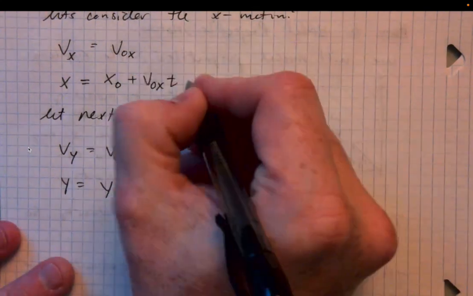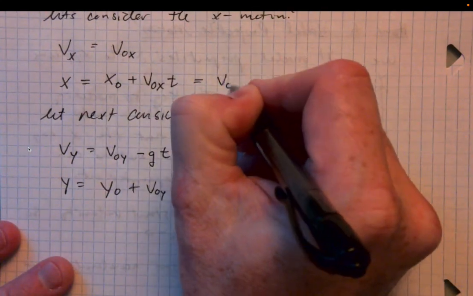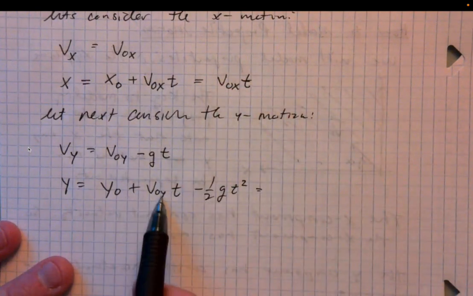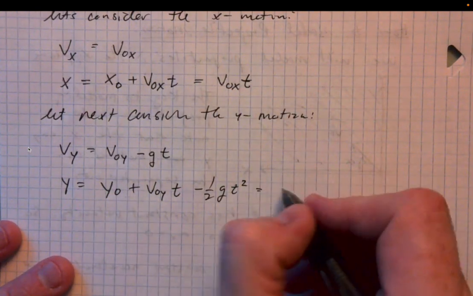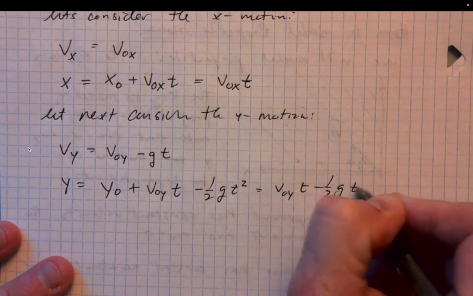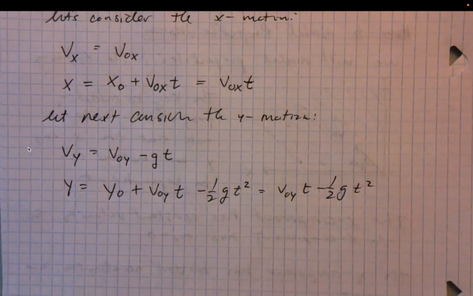And so typically this can be rewritten as v naught x times t, and we can ignore the y naught term here as well, and this would be v naught y t minus 1/2 gt squared. So that's usually what the situation will be. Now, of course, if you have to think of it differently, that's fine, but generally speaking, that's how it's going to work.